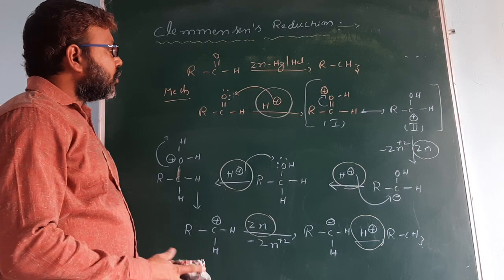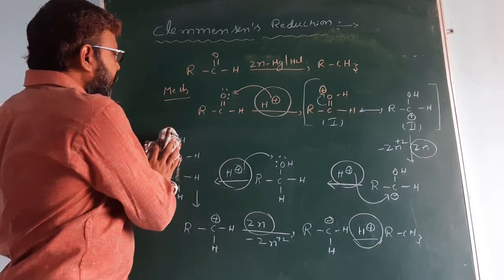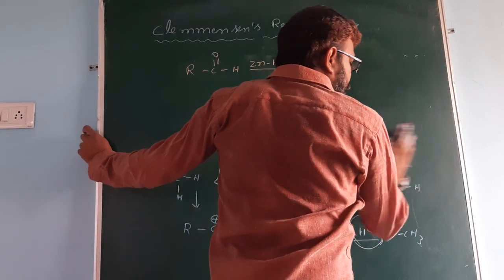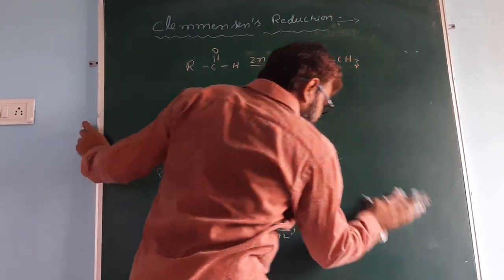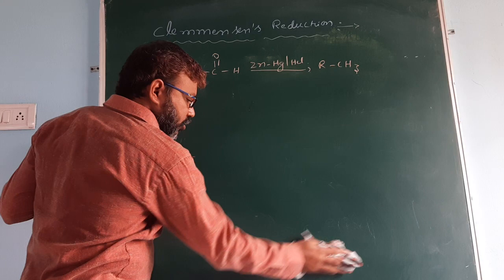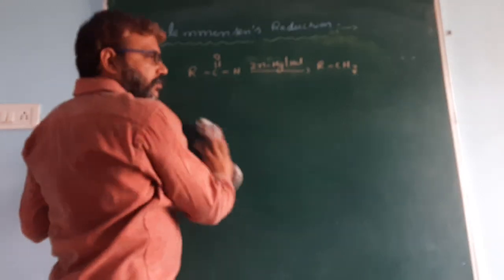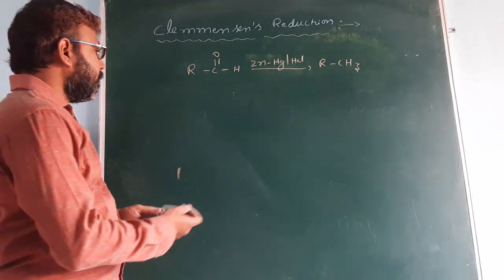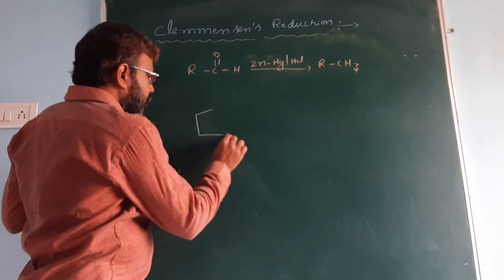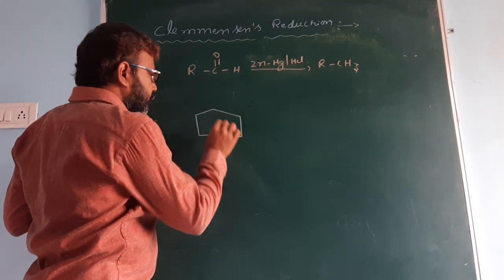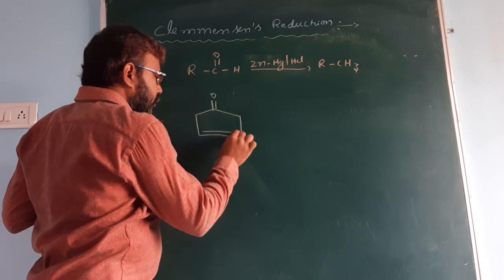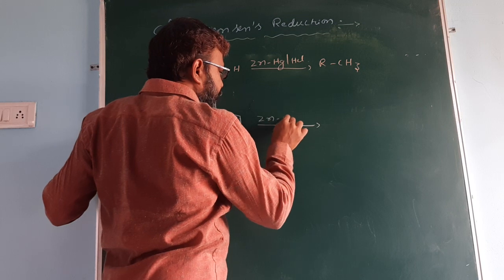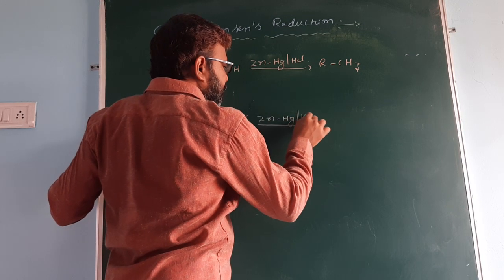Okay, now Clemmensen reduction cannot affect a double bond or triple bond. It reduces only the C double bond O group to the CH2 group. It cannot affect C double bond C or C triple bonds. For example, we take this compound. This compound undergoes reduction in presence of Zn, Hg and HCl.